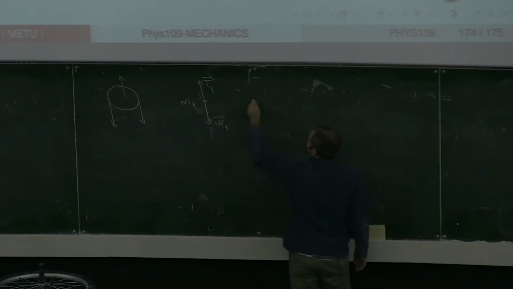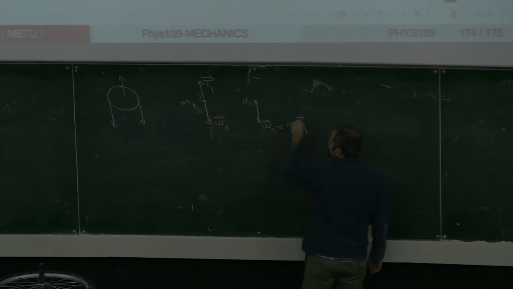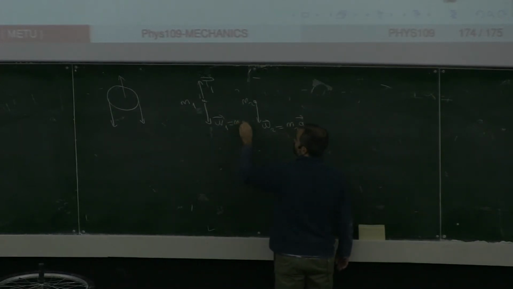I have the second mass, M2. I have its weight, W2, equal to M2 times g. This is M1 times g. And I also have the T2.